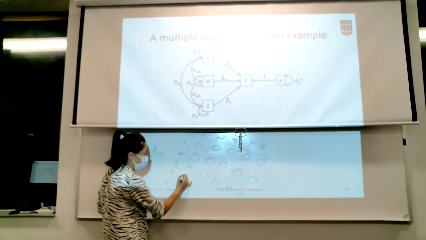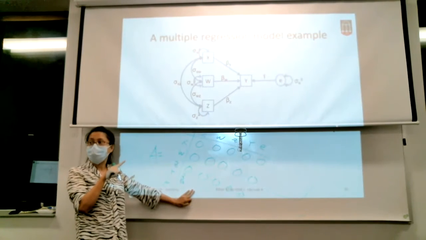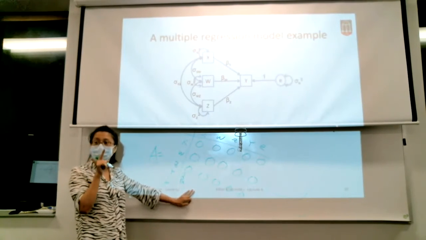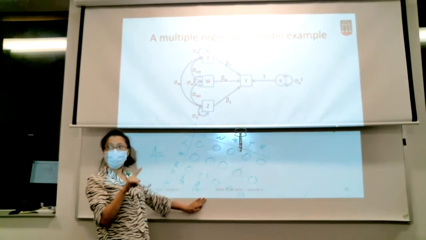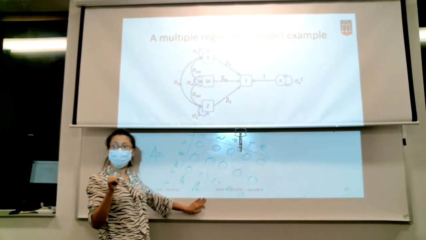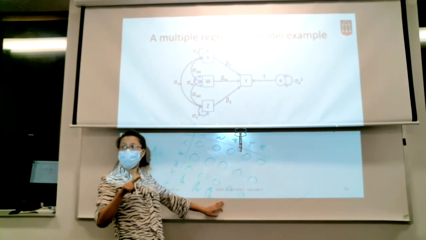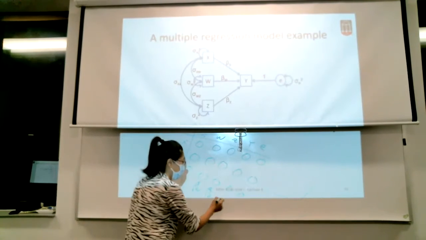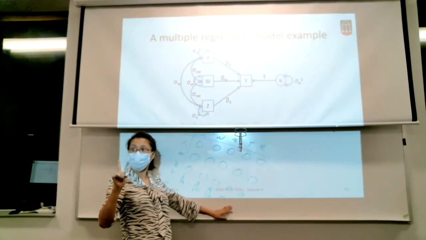Now, from X to Y, what is the coefficient? Yes. From W to Y, what is the coefficient? BW. Yes. From Z to Y, what is the coefficient? Yes. From Y to Y, single-headed arrow. From E to Y, what is the coefficient?